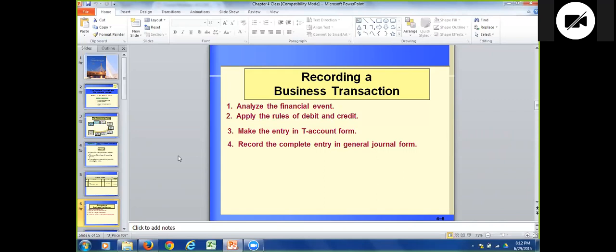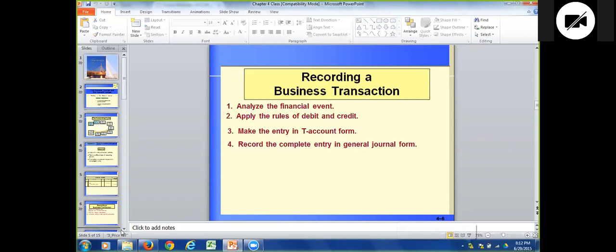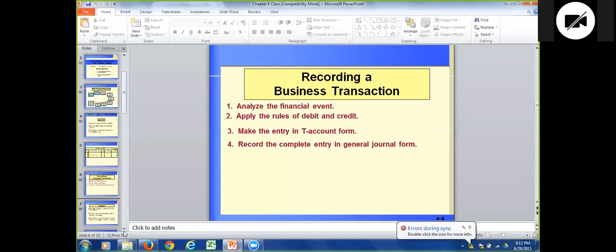So we learned 1, 2, and 3 last week, and now we're incorporating number 4, which is record the complete entry in general journal form, which again is this right here. It's essentially the T account in general journal form. That's exactly what it is. It's just duplicating it, but in general journal form.